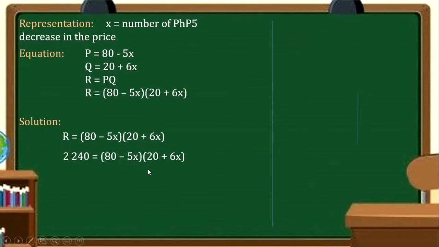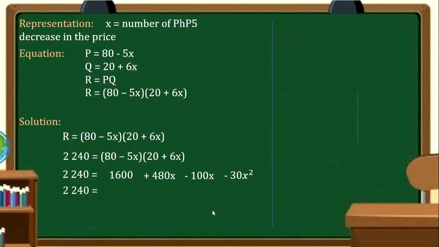So, imumultiply lang natin yung dalawa na to. So, kaya magiging 80 times 20, so 1,600. Next, 80 times 6x, so magiging 480x. And then, negative 5x times 20, so negative 100x. And then, negative 5x times 6x, so that is negative 30x squared.